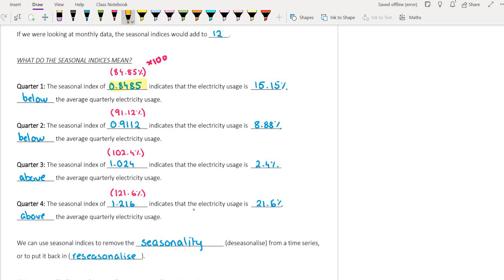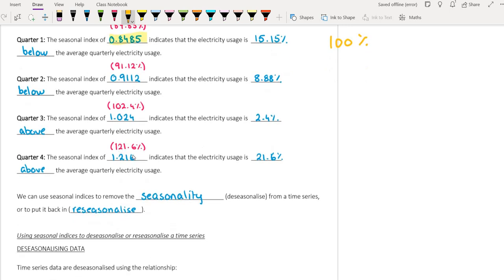Average will always be 100%, so it'll be below by that much. And the next quarter we have 91%, so it's below by around 9%. This one is a little bit over, so it's actually above the average by that much. The next one's a bit higher as well, so it's 20% above the average.